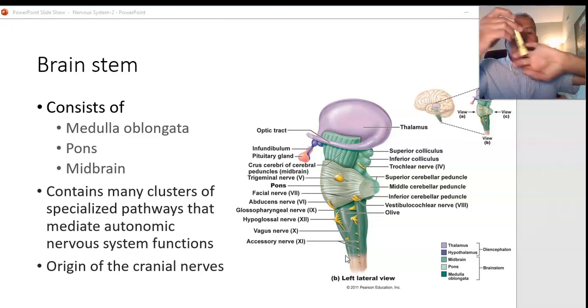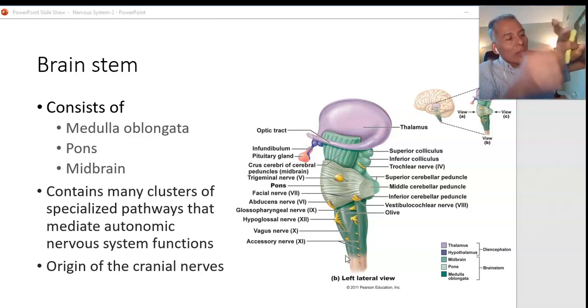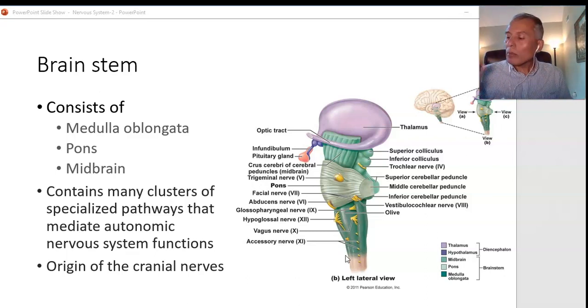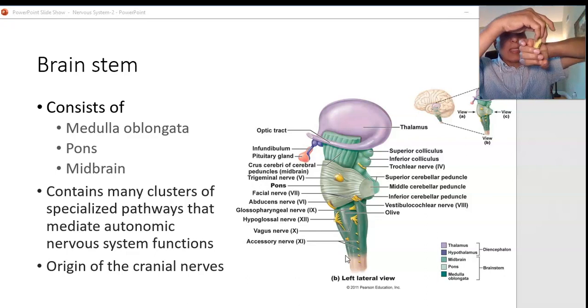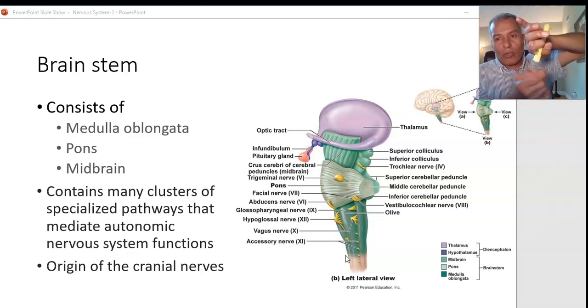So here at the bottom, the base of the skull has a hole called the foramen magnum. The brainstem comes in and emerges on the other side, beneath the skull.